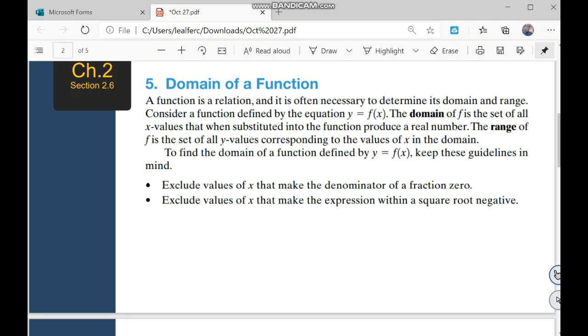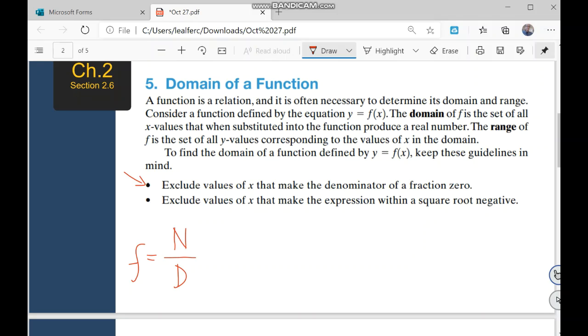We will actually be careful when defining the domain to avoid a couple of situations that I'm going to show here. One of the situations is to exclude values of x that make the denominator of a fraction 0. So let's say you have a fraction, numerator over denominator, and this is a function.